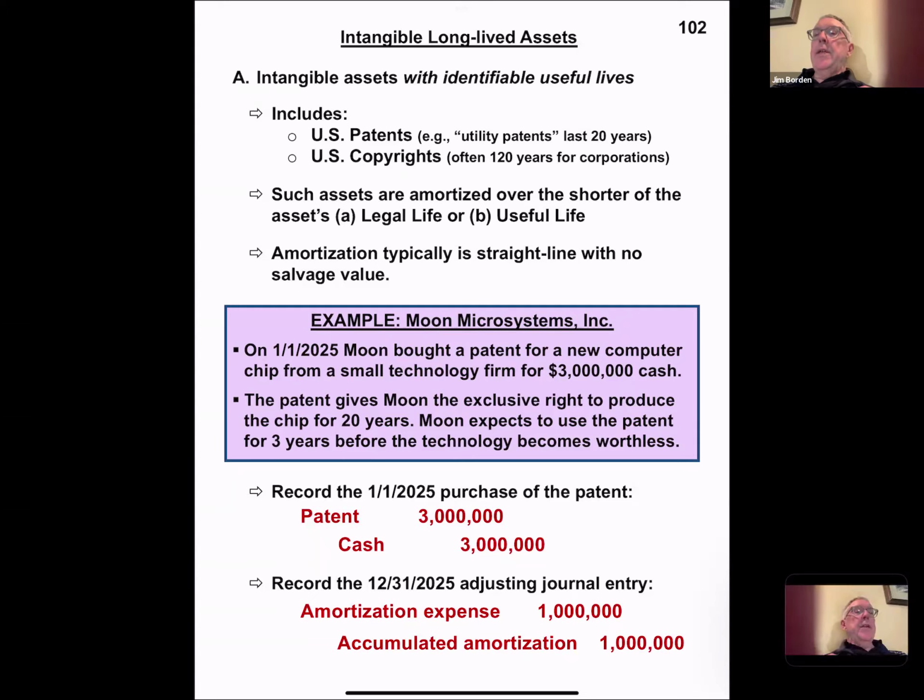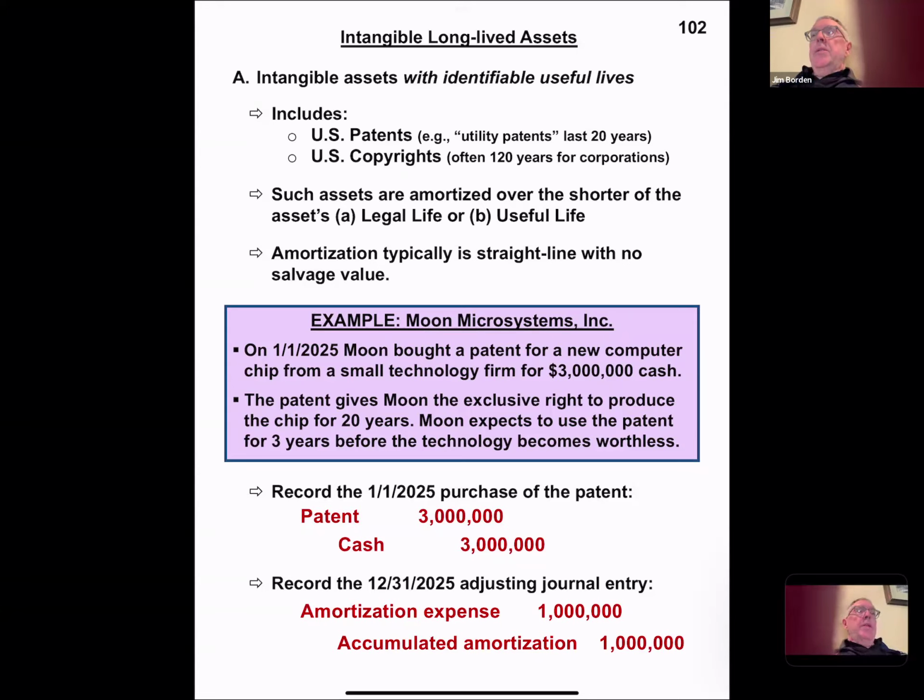The other thing to note is, where does the cost for a patent come from? So in this case, we're buying the patent from another company. So that company had this patent. So how did that company measure the cost of that patent?